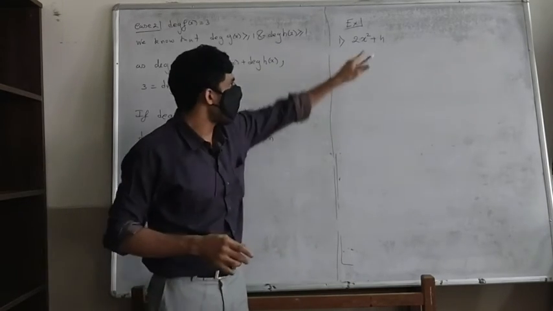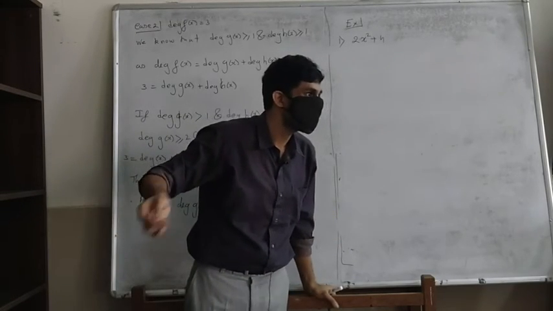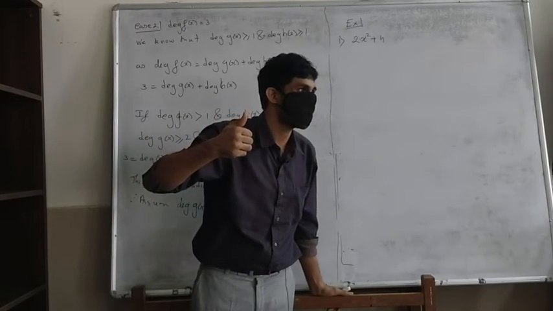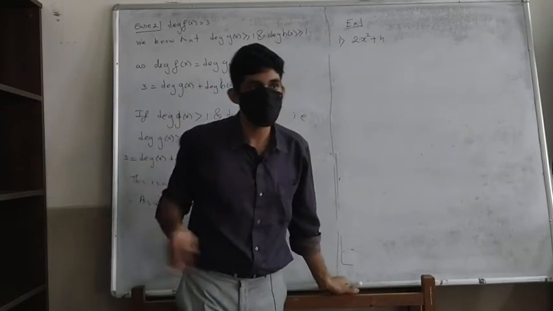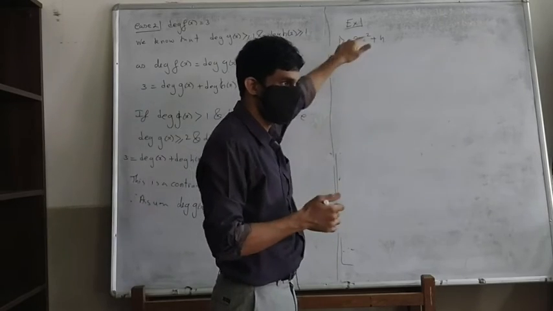Exactly. Over Z, I can write this as 2 times x square plus 2, right? 2 is not a unit in Z[x]. So over Z[x], this is reducible.